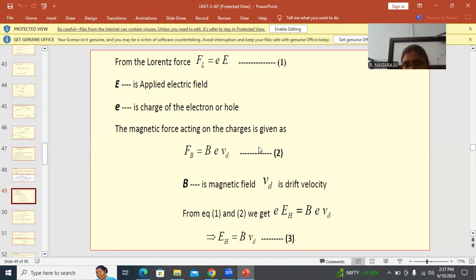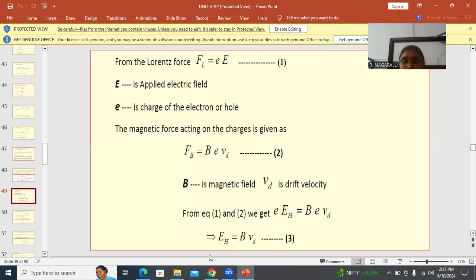From 1 and 2, both the forces, the Lorentz force and the magnetic force, combined together, you will get equation 3: EH is equal to vd B. Equating the forces, the equilibrium position takes place over here, as the magnetic field and electric field are perpendicular to each other.